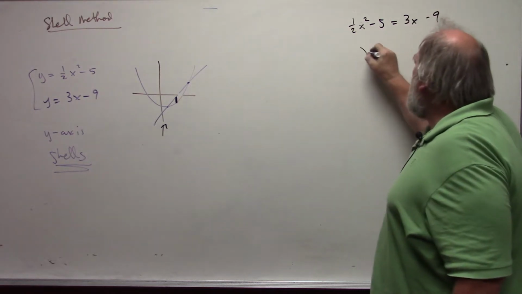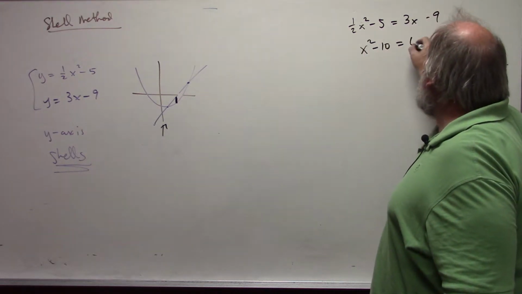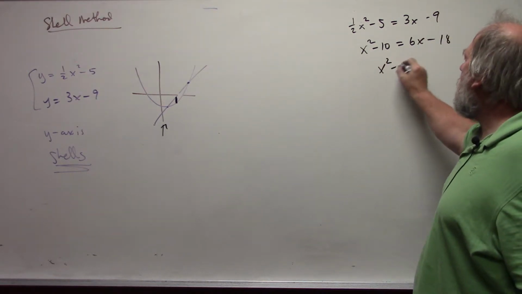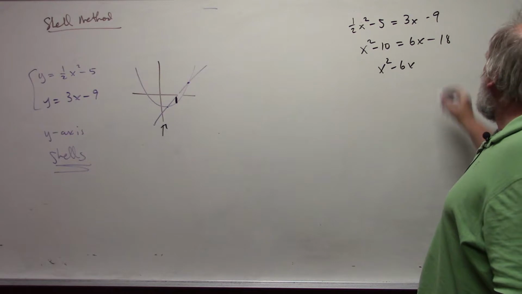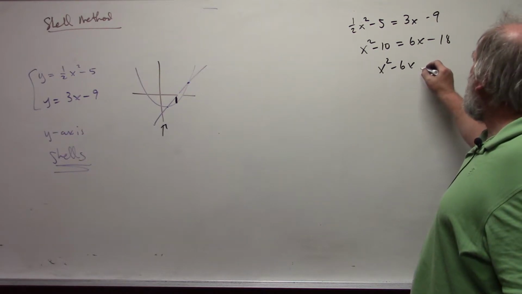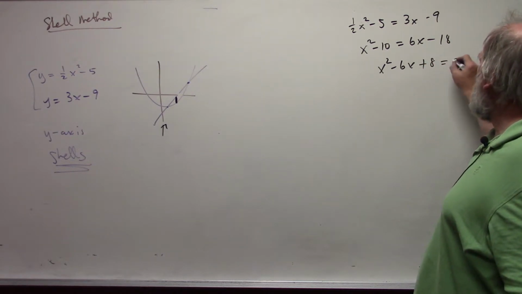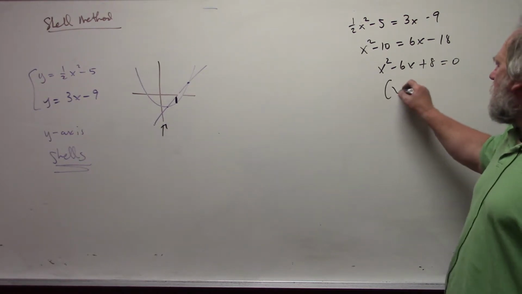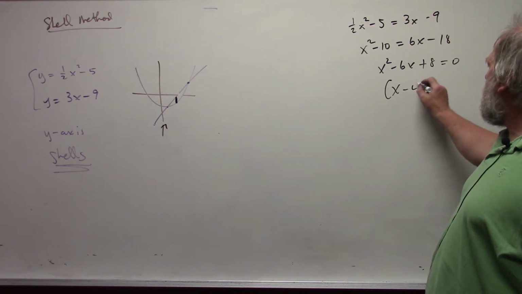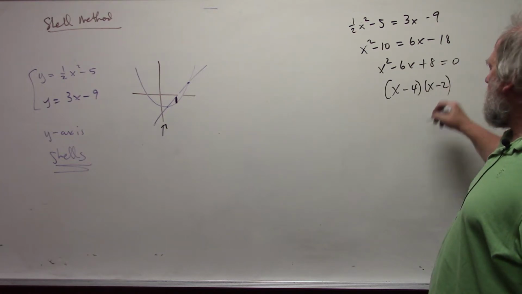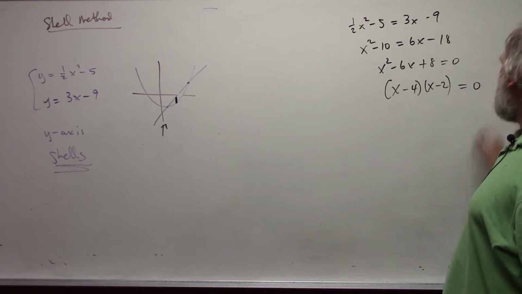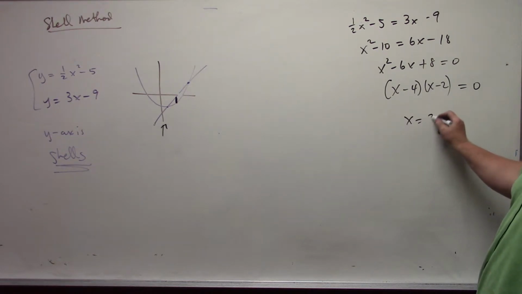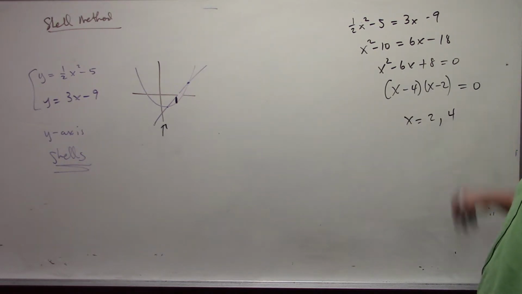That gives me x squared minus 10 is equal to 6x minus 18, or x squared minus 6x plus 8 is equal to 0, which is x minus 4 times x minus 2, I guess my picture is off a little bit, is equal to 0. I'll fix it in a minute. And so x is equal to 2 and 4. Actually, it may not be.